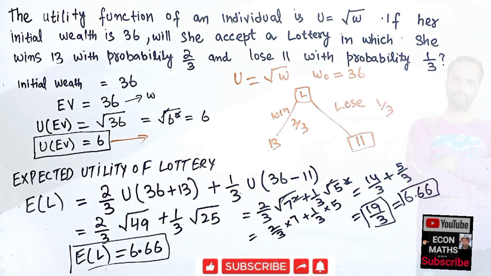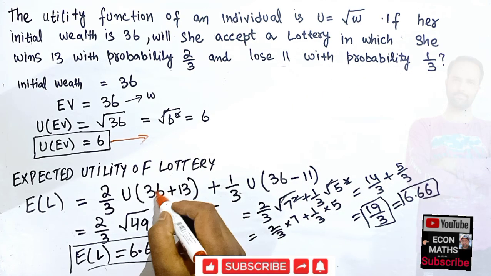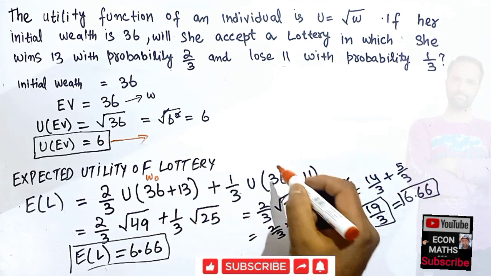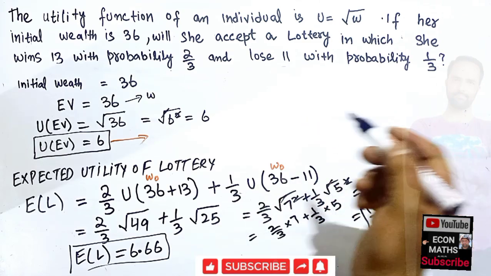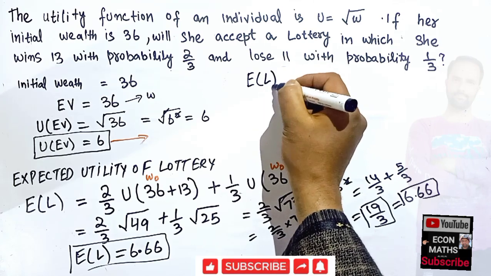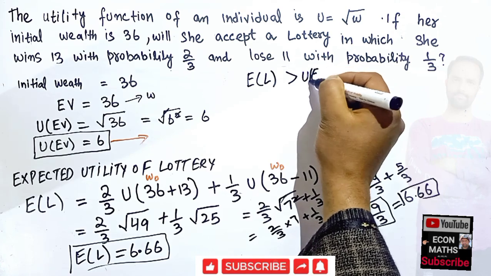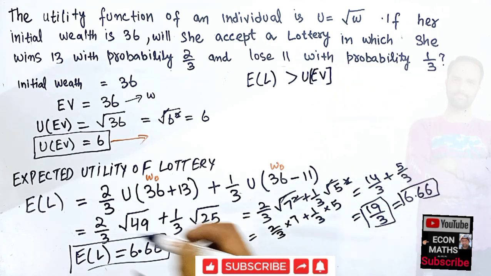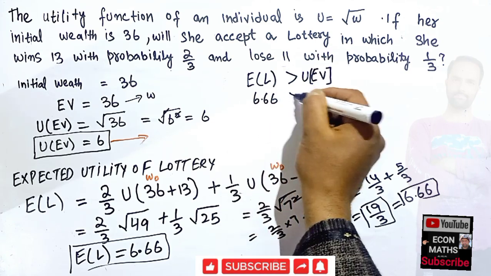Here the expected utility of the lottery is greater than the utility of the expected value: 6.66 is greater than 6.